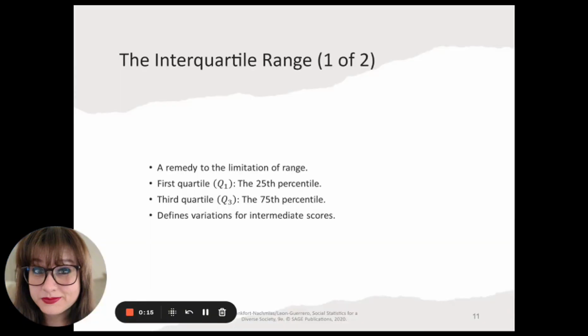So we're going to talk about the interquartile range. There's a couple things. We can't use range, it can be misleading, but another thing is that we can't use range for nominal variables really either. It can be used to describe diversity in ordinal variables because they're in order, but nominal variables don't really have any real significance to them if it's just a matter of random scores.